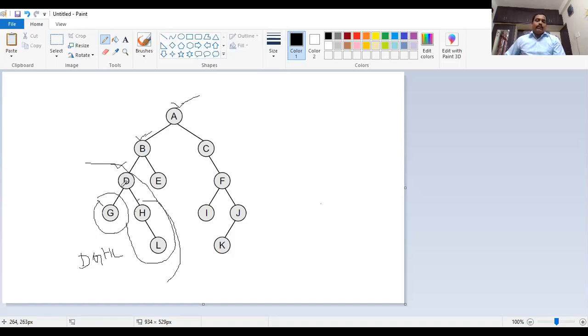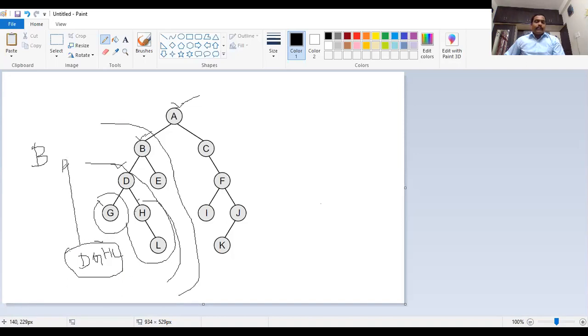So this node is over. Now we are going to B. B's left side we have already visited, and now we are going to the right side. B is the root, so we have to add it here. What is the answer for this portion? Here B is the root node, and this entire portion is the left side.